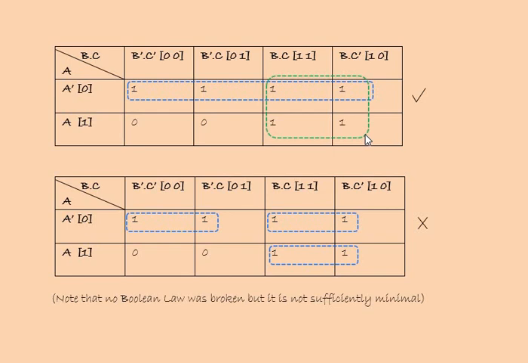Now rectangle and square both are allowed, but if a quad is possible, then it is not preferred for the user to take pairs. So if you are using three pairs from this, it will not be considered correct because it is not sufficiently minimal.